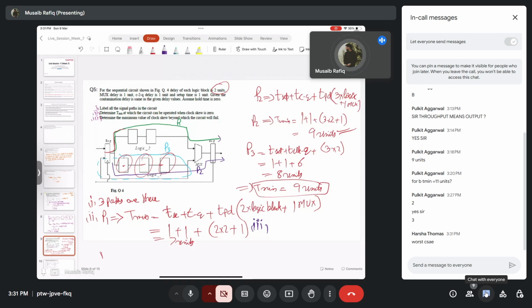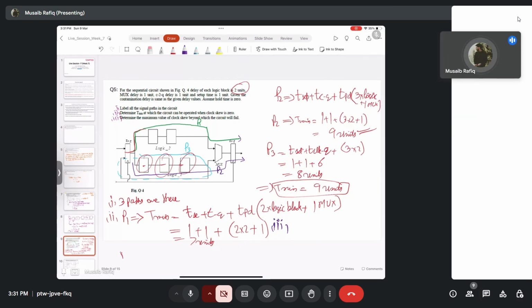No, no. When we talk about T min, we take the worst case. But when we talk about the worst case clock skew, we take the faster path, because this clock skew gets subtracted, right? So violation will happen when there is a faster path.